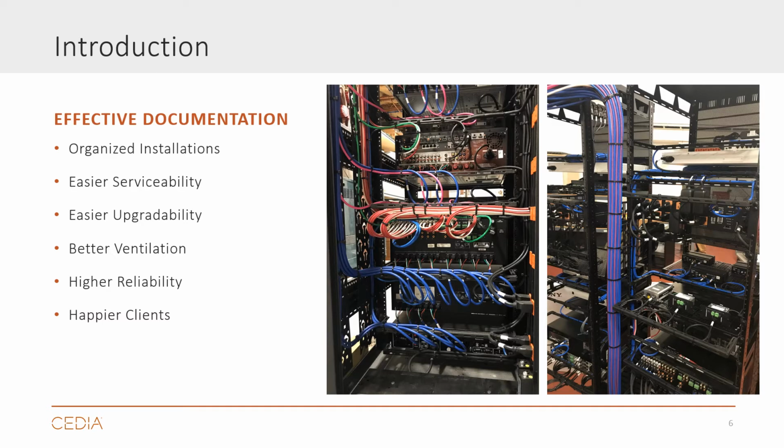You can tell a lot about the whole installation by looking at the not so obvious areas. Yes, these racks really look nice, but an organized rack is easier to service and upgrade, has better ventilation for longer equipment life, and with racks that look like these, there's a very good chance a lot of good design and engineering went on behind the scenes.